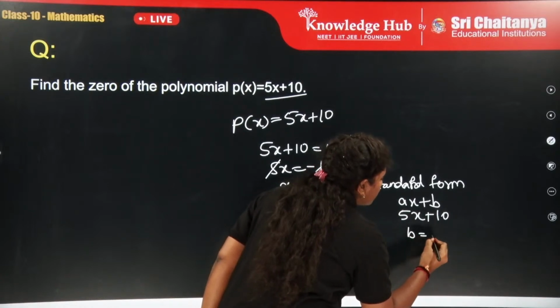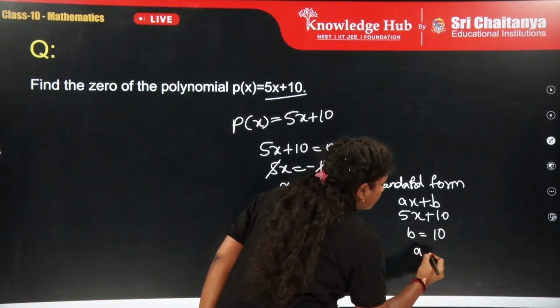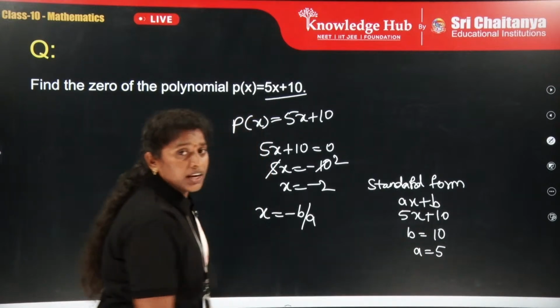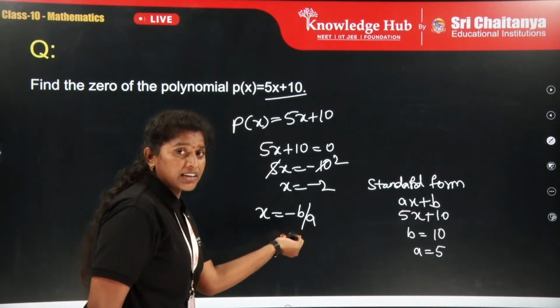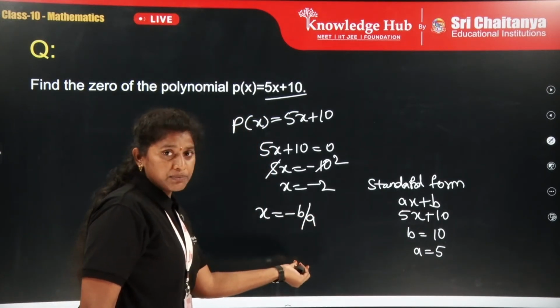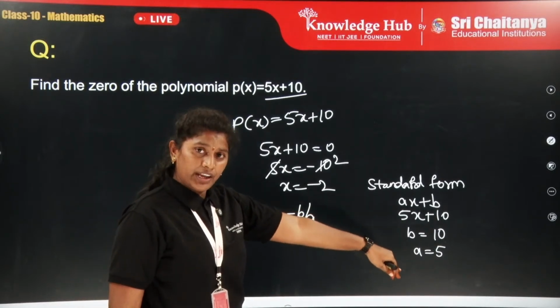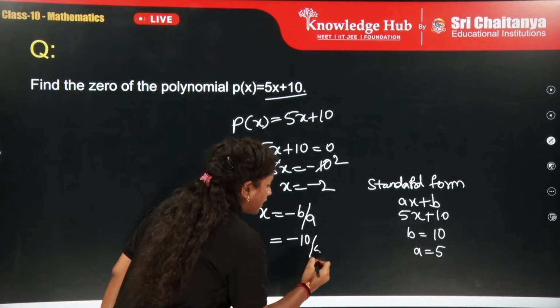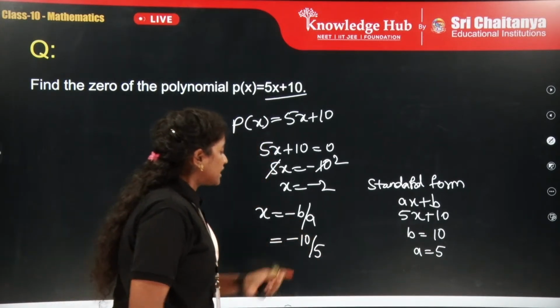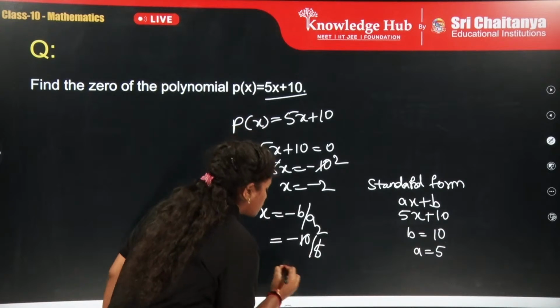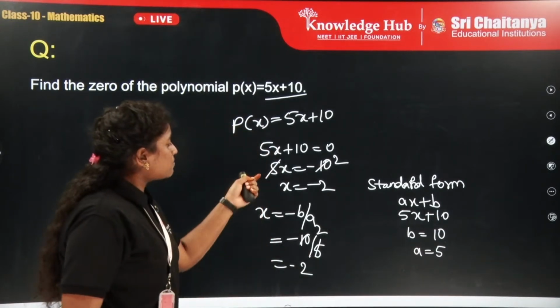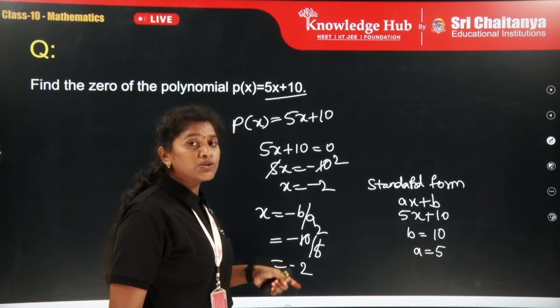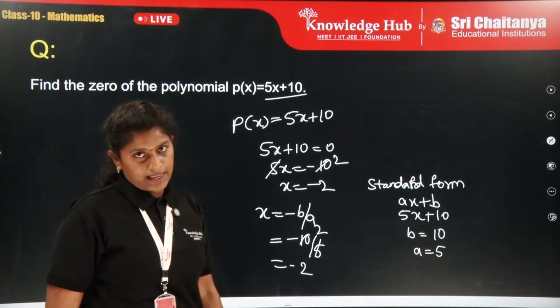Our b value will become 10 and the a value will become 5. Now we can find it in one step, that is x equals minus b by a, because we have the b value and the a value. So now it will become minus 10 by 5. Now 5 will cancel 10 two times. So if you observe here, on simplification and using the formula, you are getting both values the same.